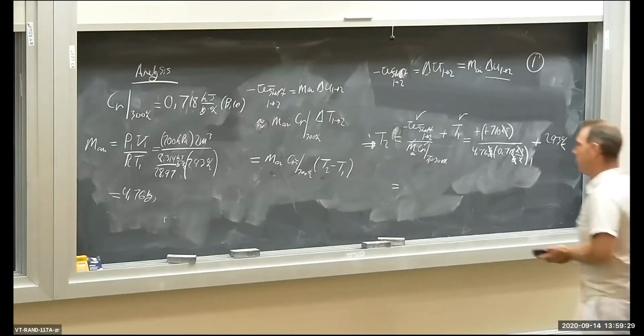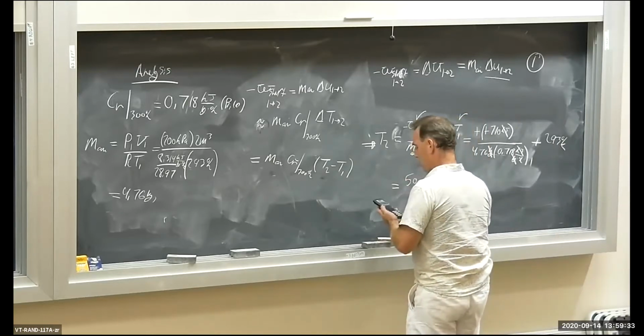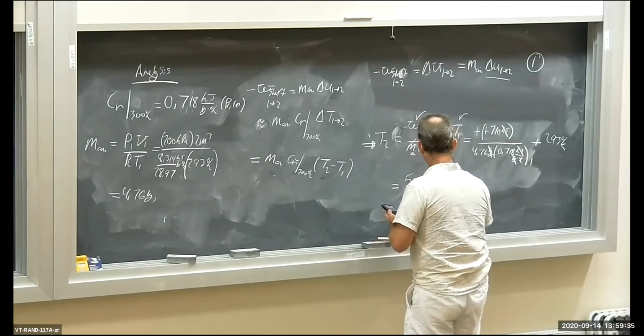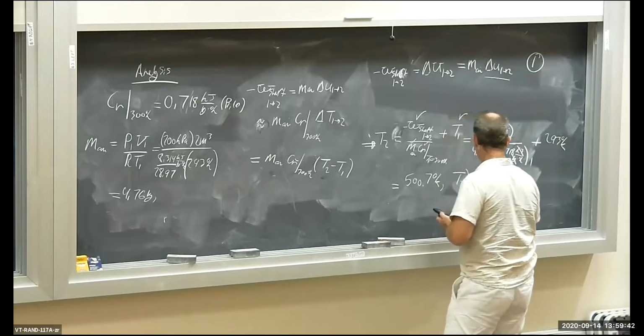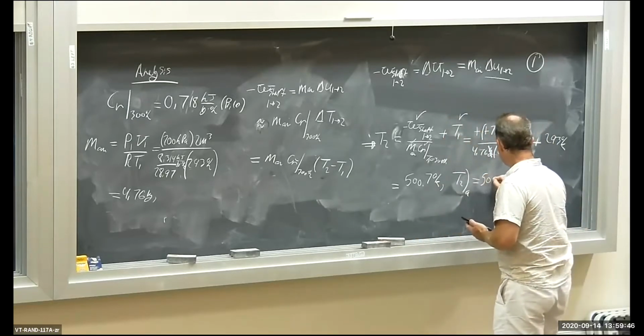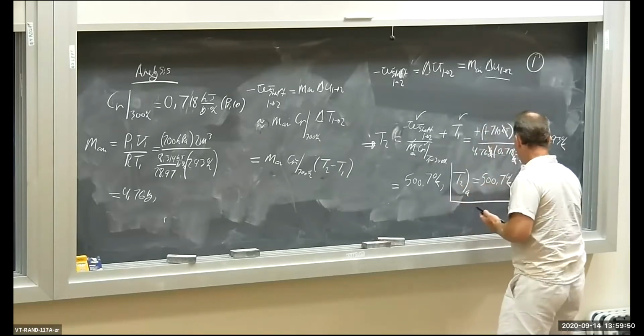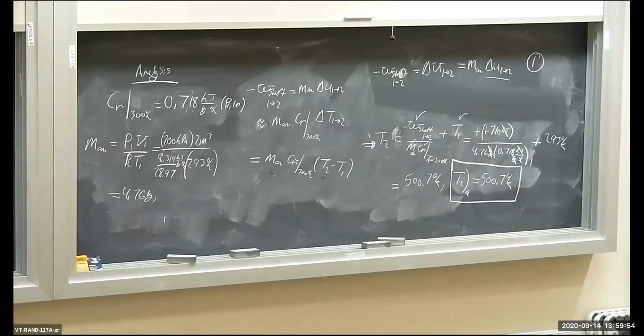And I get 500.7 degrees Kelvin. So T2, and this is for part A, constant specific heat, 500.7 degrees Kelvin.